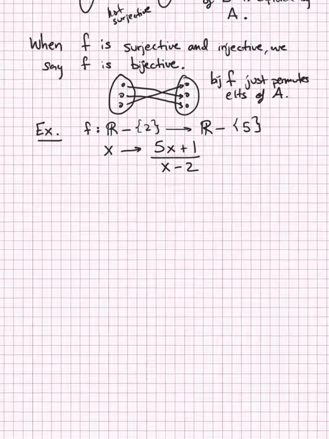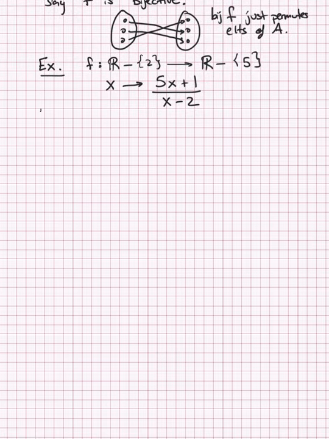Now we're going to show that f is bijective. I hope this gives hints in general of how you want to show a function is injective and surjective. So maybe I should just say that: show f is bijective, i.e. show f is injective.